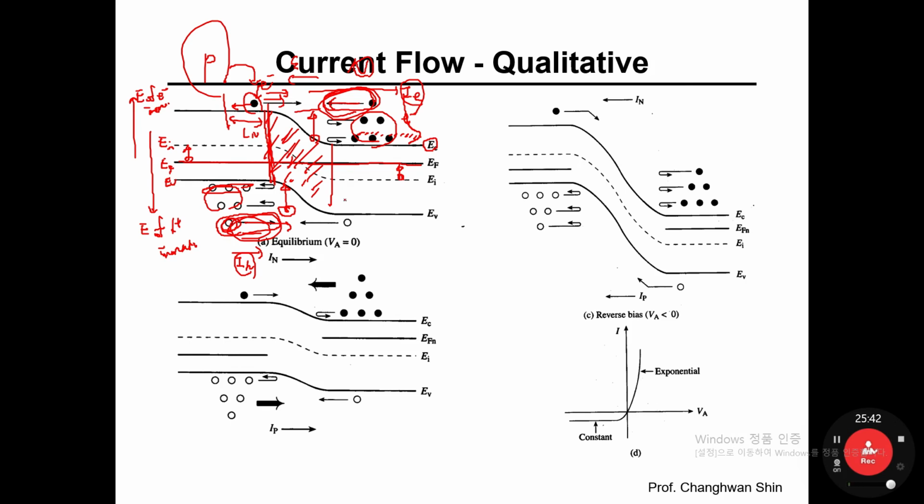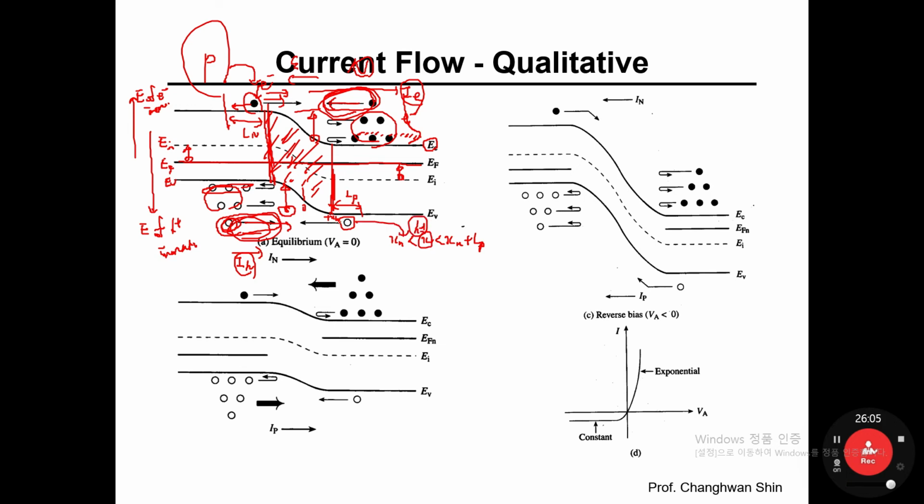Similarly, you can imagine the minority carrier in the n side, which is hole here, within one diffusion length away from the edge of the depletion layer width, say that is 0 and that is plus xn, so xn to xn plus Lp, the minority carrier holes in the n side.